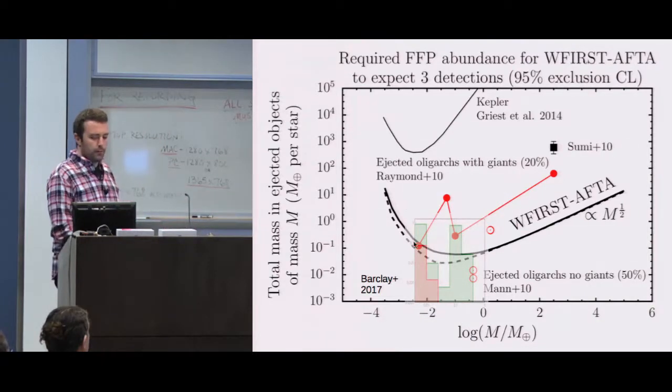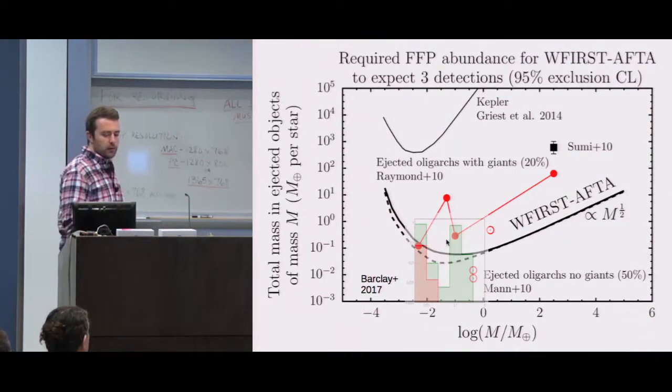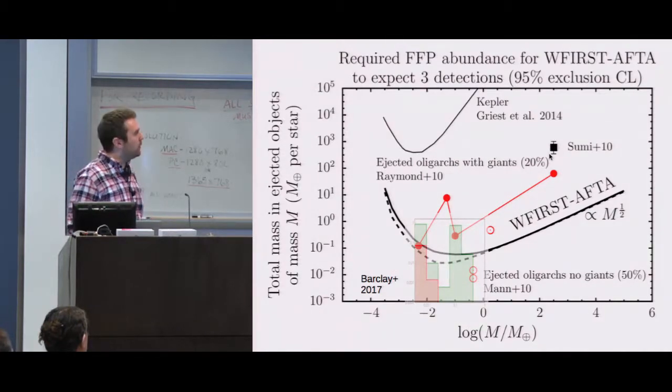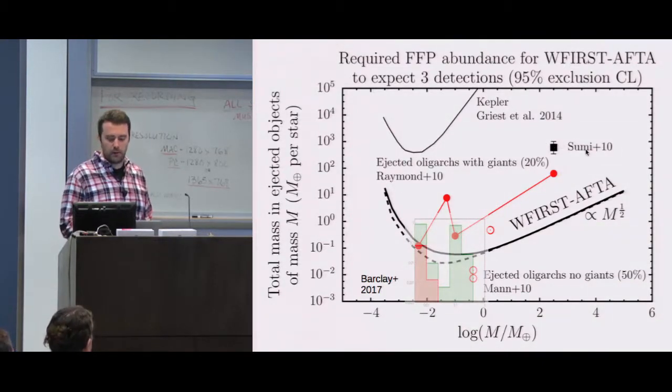Elisa's going to talk about free-floating planet models later, and then here's some other models. And this was the MOA measurement for free-floating planet objects from 2011. The number's wrong here.